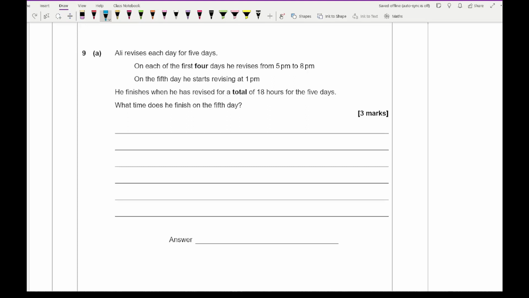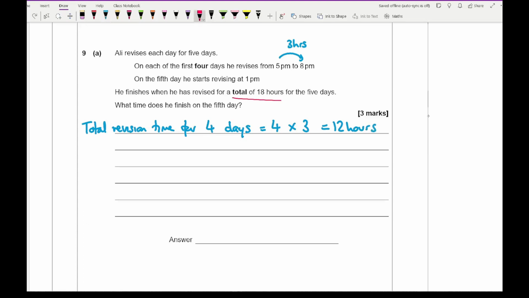So first of all, let's have a look at the total revision time for the 4 days. We can see that the time difference between 5 to 8 is 3 hours, so it's going to be 4 times 3, which is 12 hours. Now it says that he revises for a total of 18.